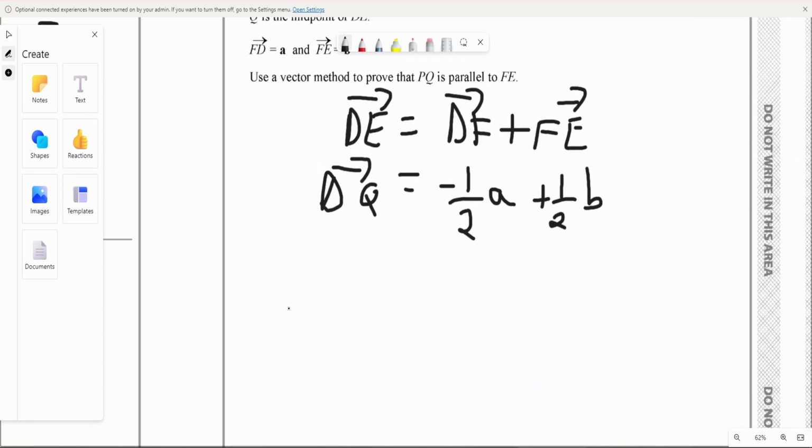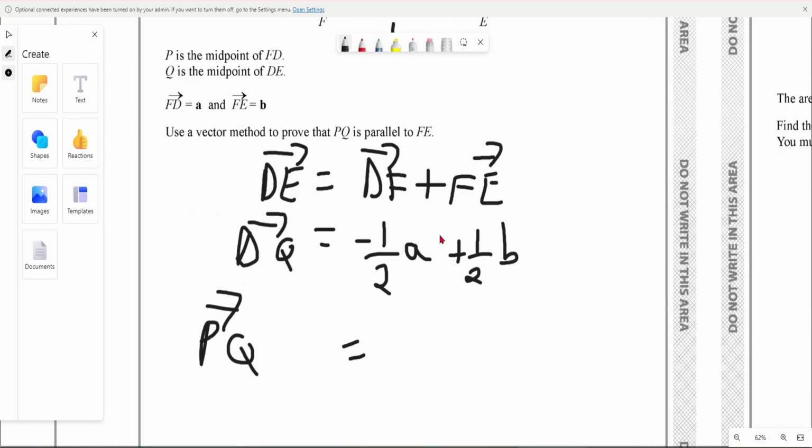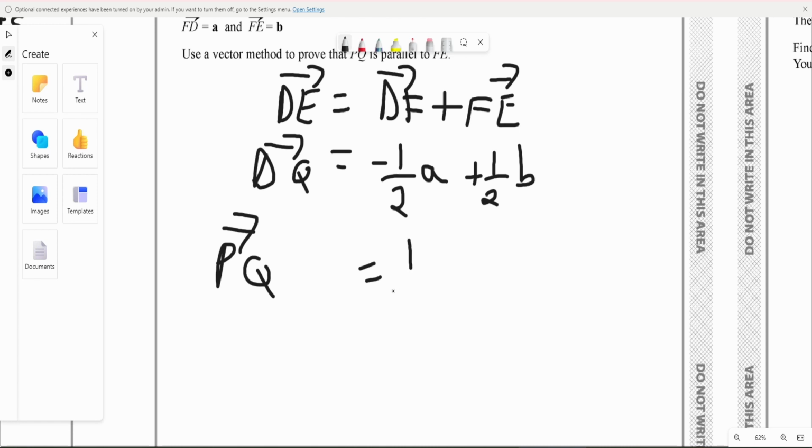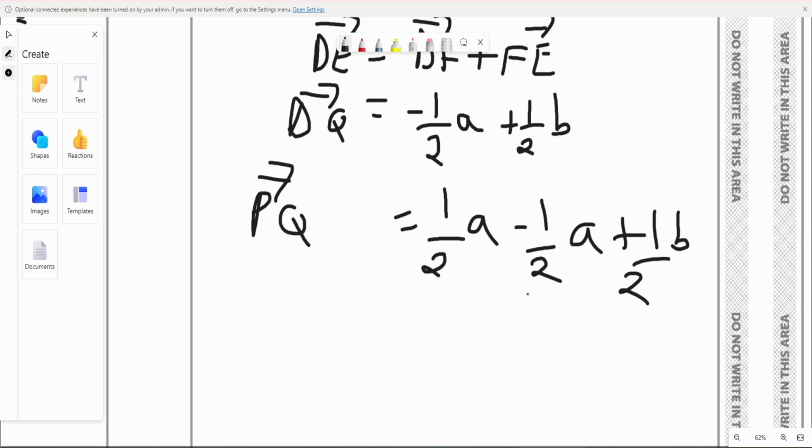And then what we're going to do is we have PQ. That vector right there is really just equal, so PQ is going to equal a half of A minus a half of A plus a half of B. Simplifying that, this will just cancel out.